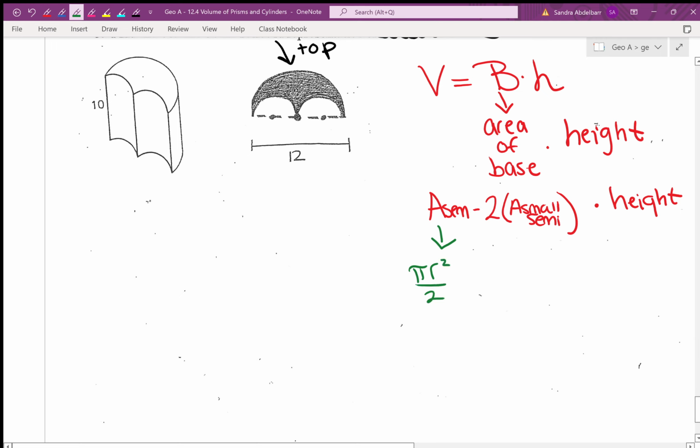Half a circle? Well, I told you the diameter here is 12. If the diameter is 12, what's the radius? 6 and 6. So it's pi 6 squared over 2, which is 36 pi over 2, gives us 18 pi.